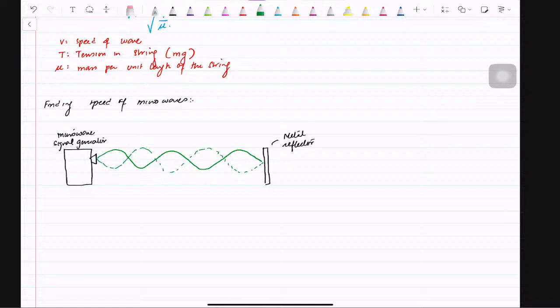So what we use is a probe which is connected to a CRO, or it could be any detector for that sense. This is a microwave probe detector. It would detect what the strength of microwave is at this point.